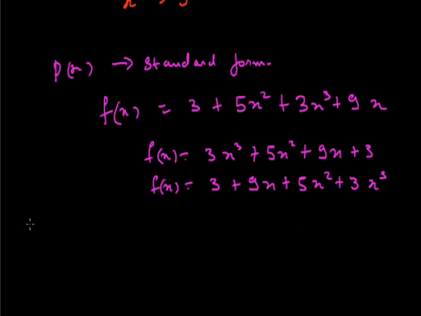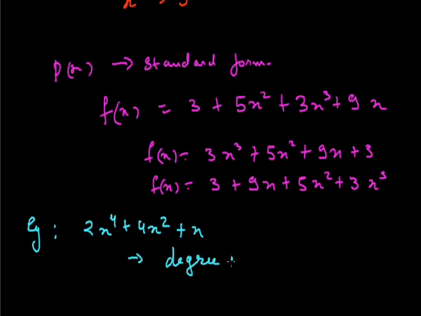Now let us see a few examples of polynomials. We have an example 2x to the power 4 plus 4x square plus x. This is a polynomial in x with degree 4.